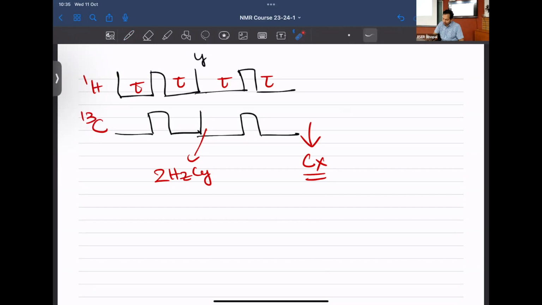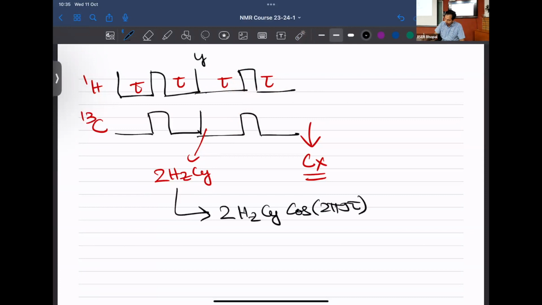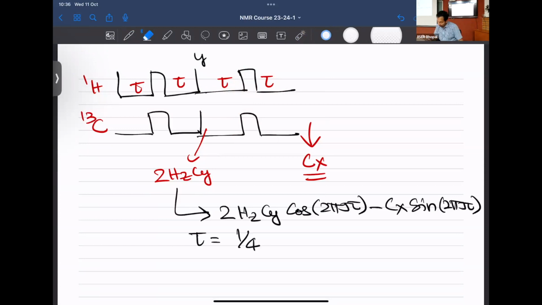Since you're applying a tau 180 tau, first of all, the proton chemical shift will not evolve, since there is a 180 applied simultaneously on both. This product operator will evolve as 2HZCY cos 2 pi J tau minus CX sin 2 pi J tau, with a 180 in the middle for the X. So if you set tau to 1 over 4J, then you will only get the CX term.